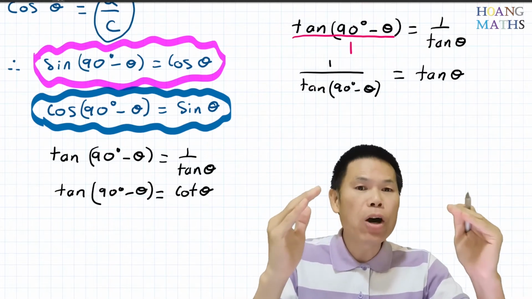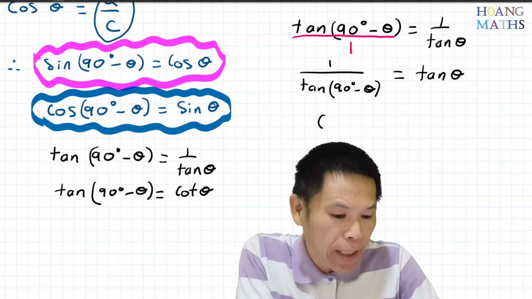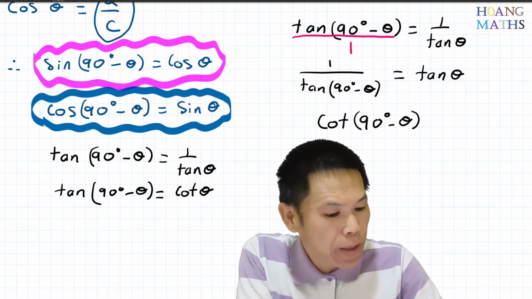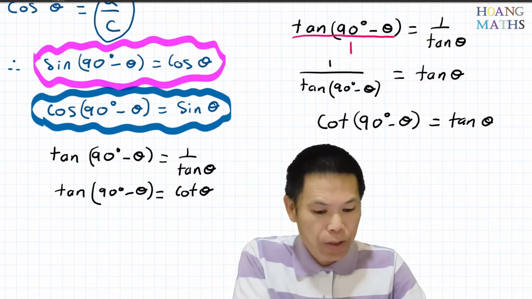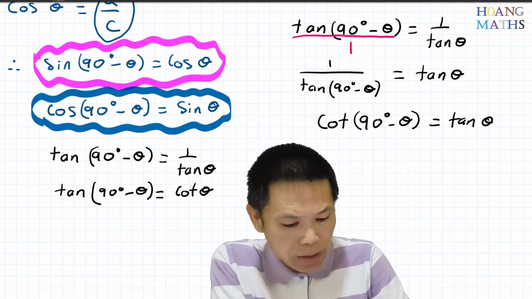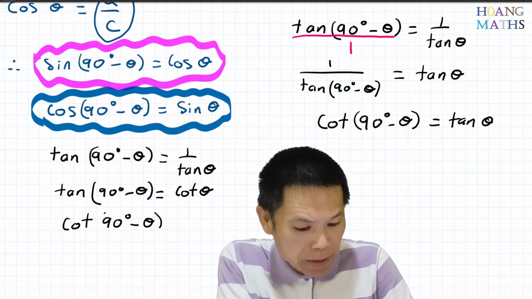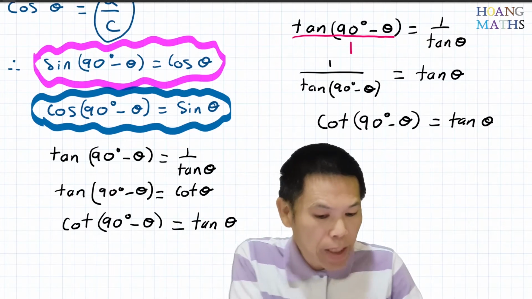But remember 1 over tan we can write as cot. So the left hand side is exactly the same as cot of 90 degrees minus theta is equal to tan of theta. So that means cot of 90 degrees minus theta is equal to tan of theta.